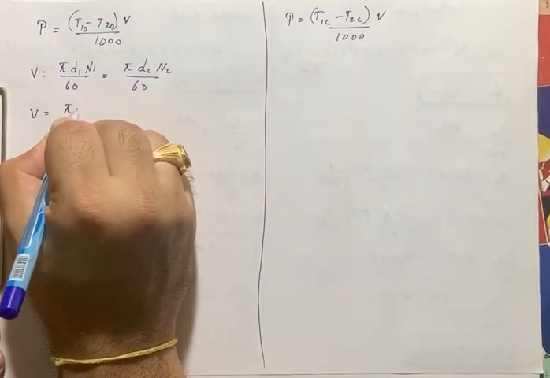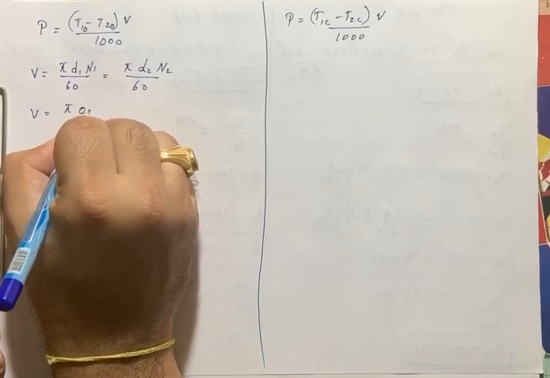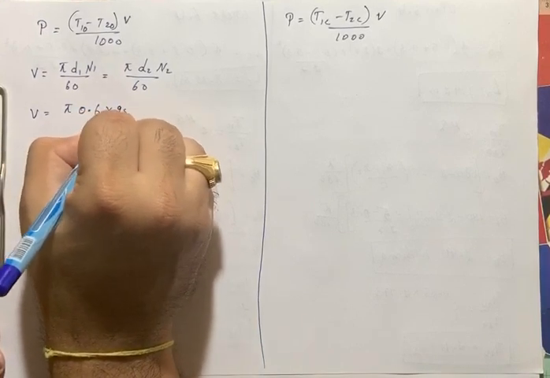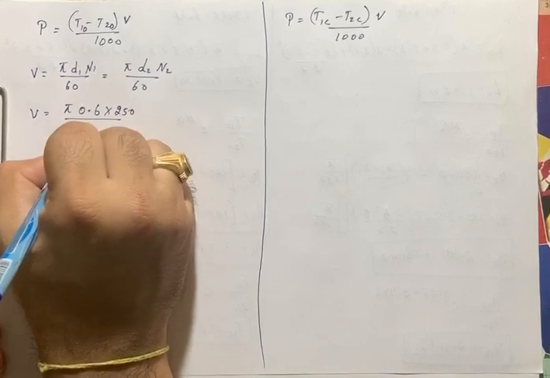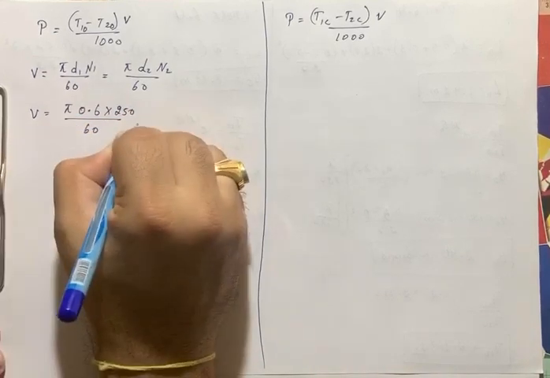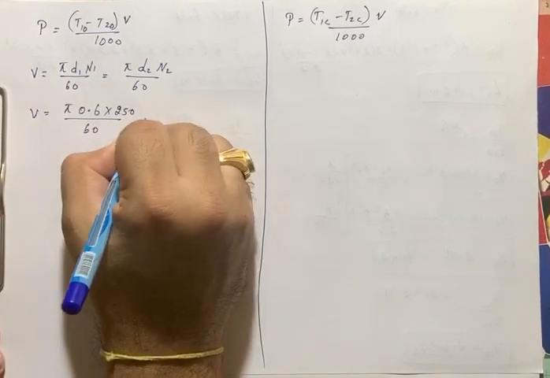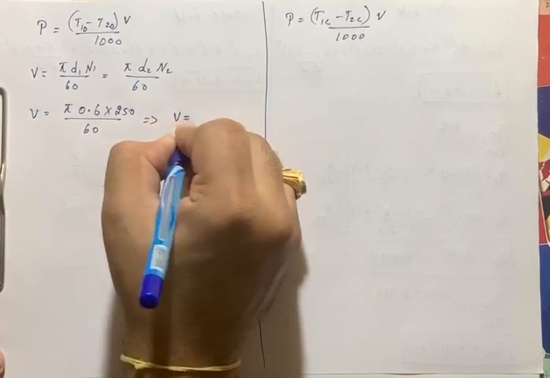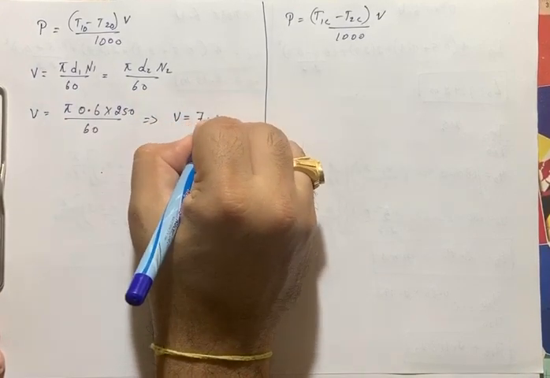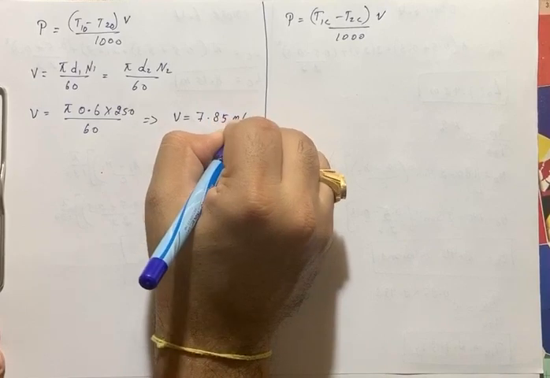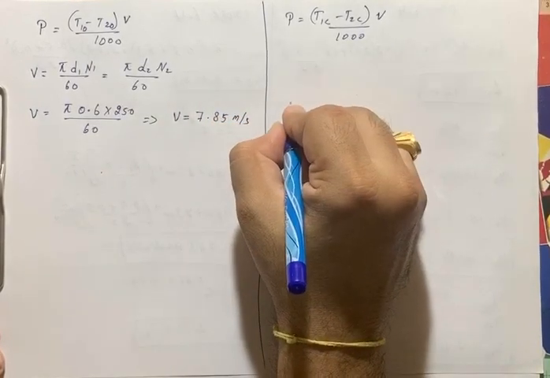So, pi D1 here is 0.6 into 250 rpm divided by 60. So, we will get V as 7.85 meter per second.